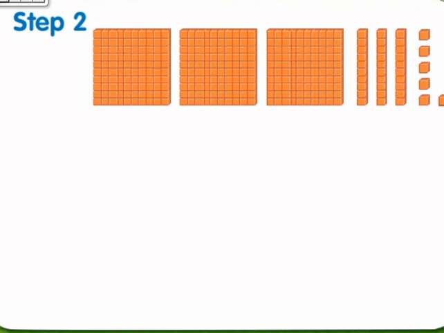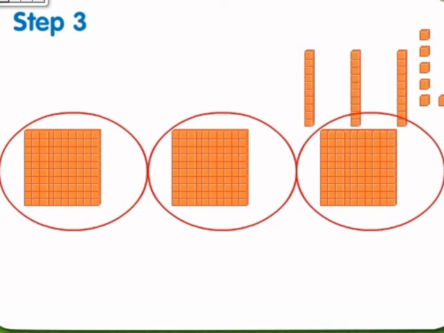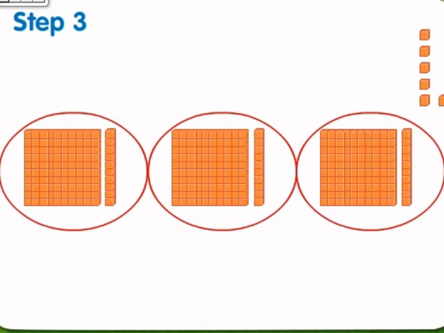Next, divide the hundreds into 3 groups. 300 divided by 3 is 100. There is 100 in each group. Now divide the tens into 3 groups. 3 tens divided by 3 is 10. There is 10 in each group. Finally, divide the ones into 3 groups. 6 divided by 3 equals 2.